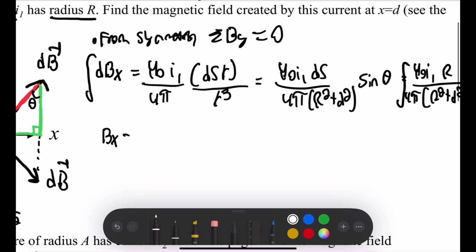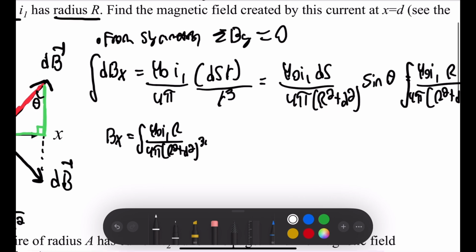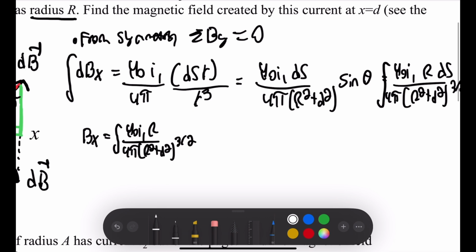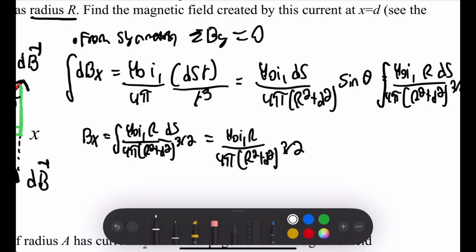So B of x will equal the integral of mu naught I1 r divided by 4 pi times r squared plus d squared to the 3/2. Oh, I forgot the ds as well. ds should be here. In this case, the only thing we're integrating is ds. So B is mu naught I1 r over 4 pi times r squared plus d squared to the 3/2.